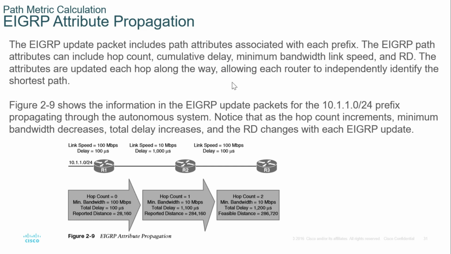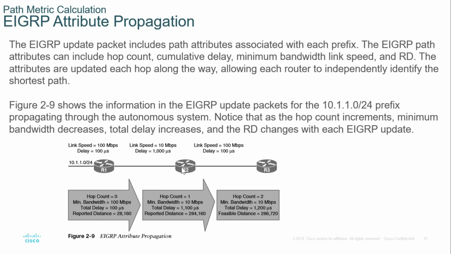Since it's the first time R1 is sending, it takes into account the current minimum bandwidth, 100 megabits per second. The total delay is 100 microseconds, and the reported distance to this network is this value. Then it sends an update to its neighbor.